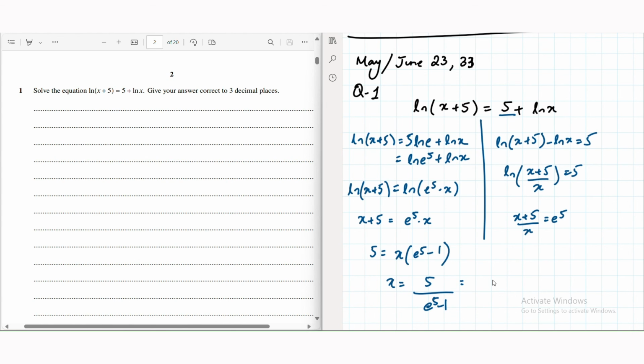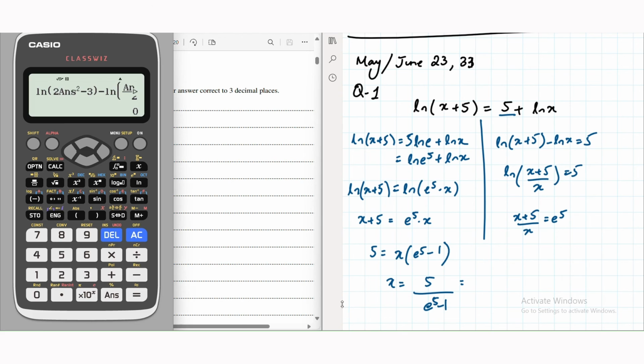This would be the exact answer, but we need the answer to 3 decimal places. So 5 divided by (e raised to power 5 minus 1) is 0.034. And that is our answer.